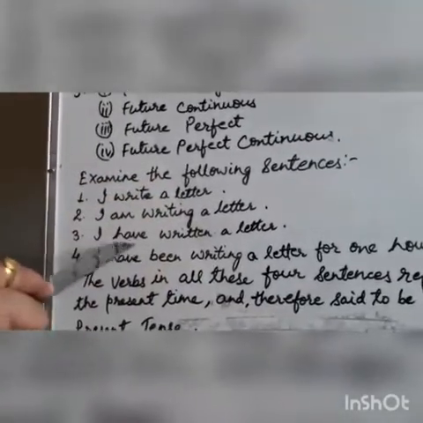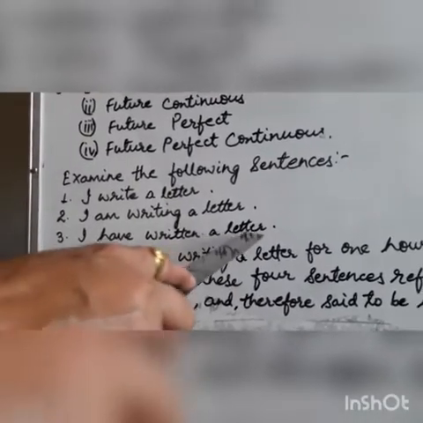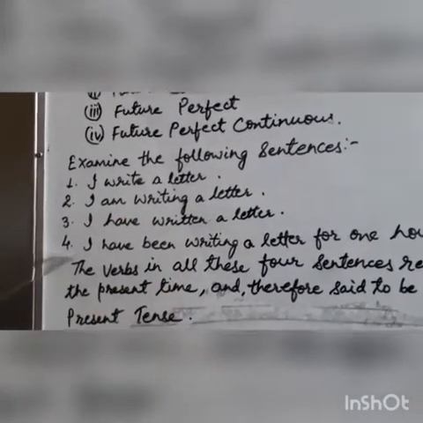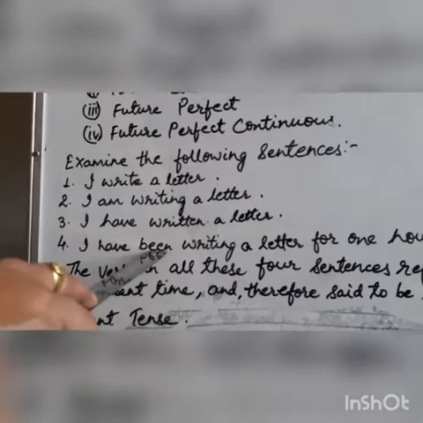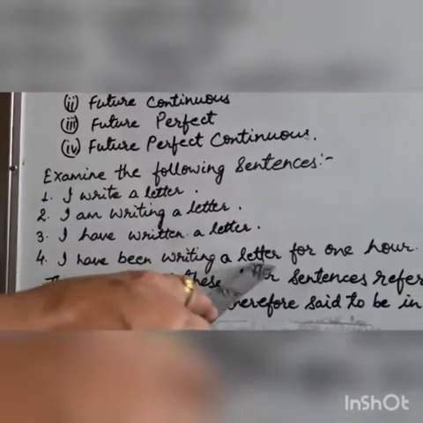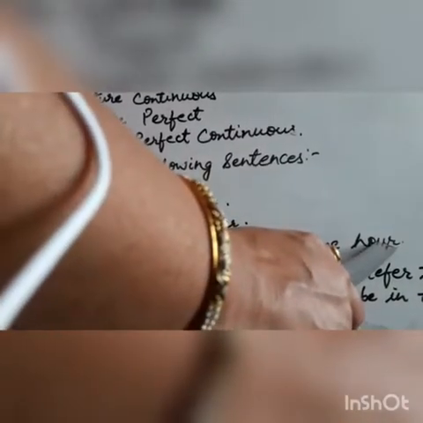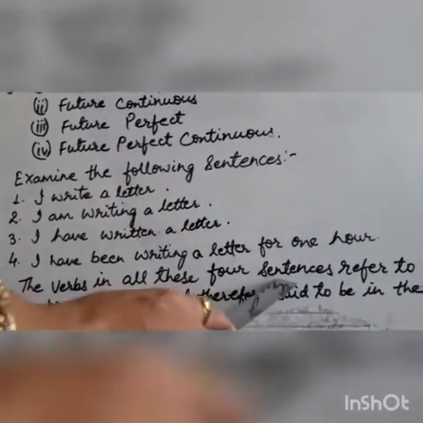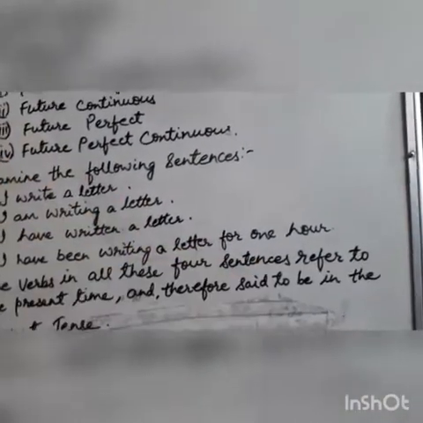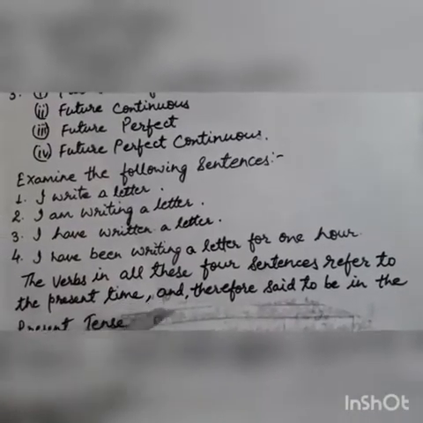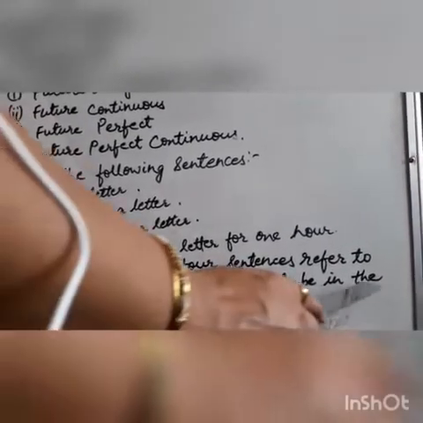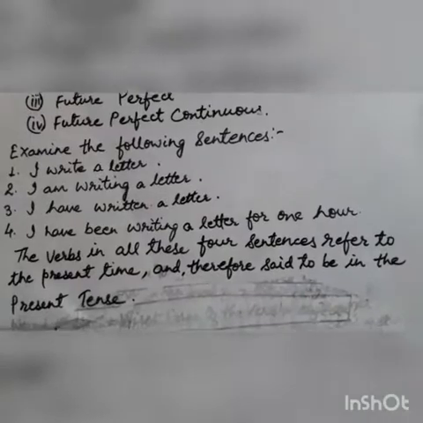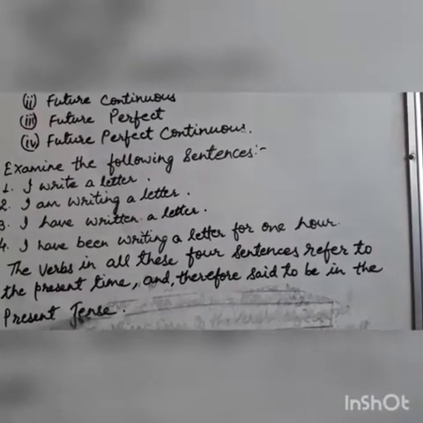Next, I have written a letter. Fourth one, I have been writing a letter for 1 hour. Now, the verbs in all these four sentences refer to the present time and therefore said to be in the present tense. Now we will study present tense in detail.